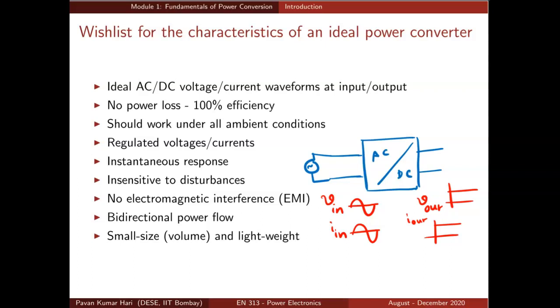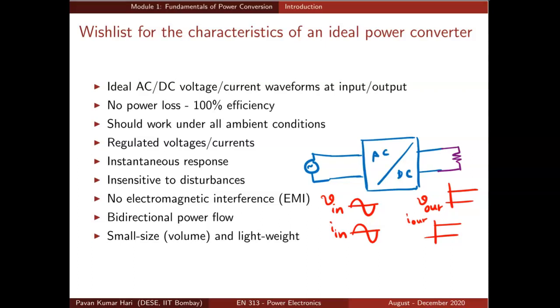For example, consider that there is a load resistor that is connected at the output of this rectifier. And let us say that the current in this resistor, that means I out, needs to be changed. And that means that the DC output voltage V out needs to be changed. And we would like to do this as quickly as possible. In the ideal case, we would like to do this instantaneously.